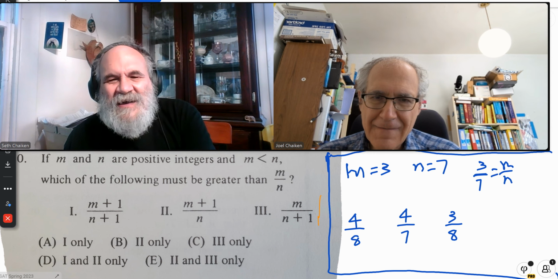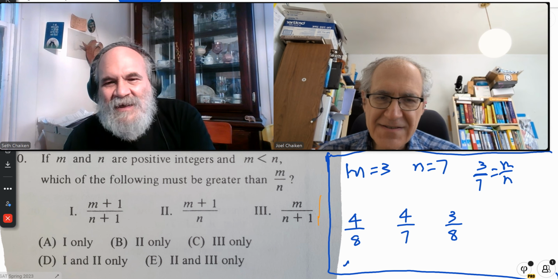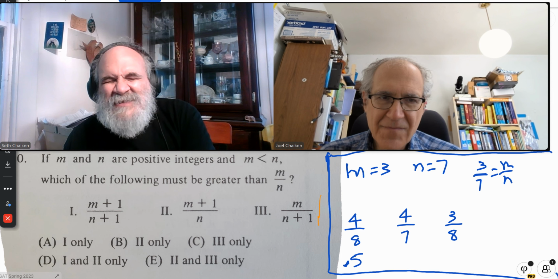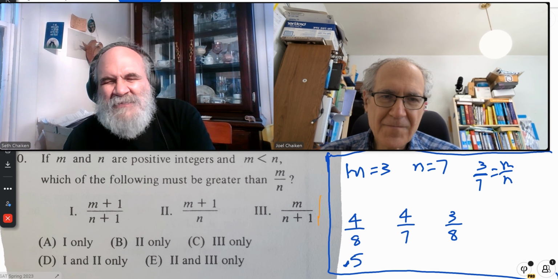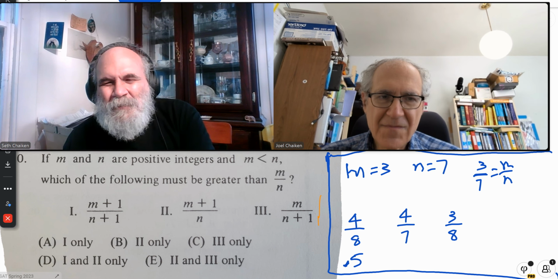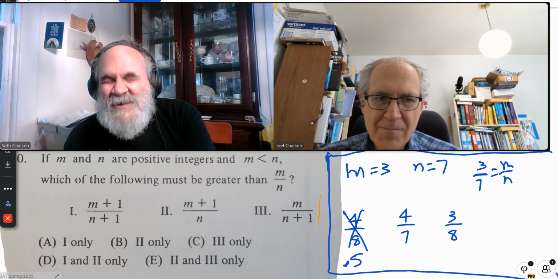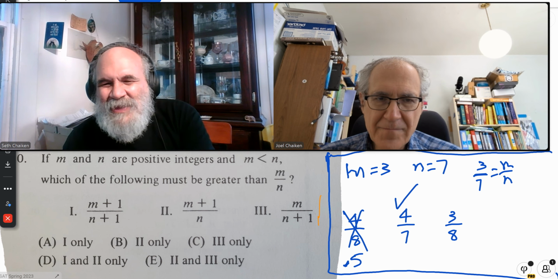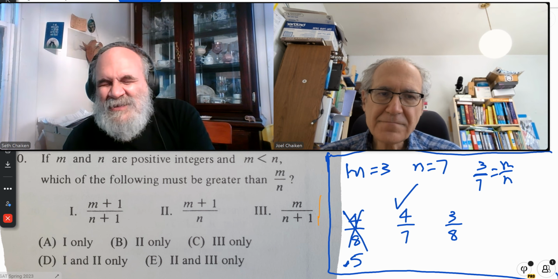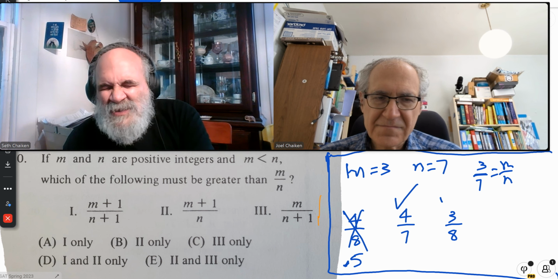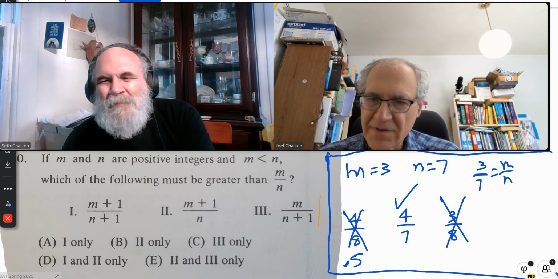Okay. 4/8 is a half, and 3/7 is less than a half because half of 7 is 3.5. 4/7 is obviously greater than 3/7. And 3/8 is less than 3/7 because the 8 in the denominator is bigger than the 7. So the answer is only 2.